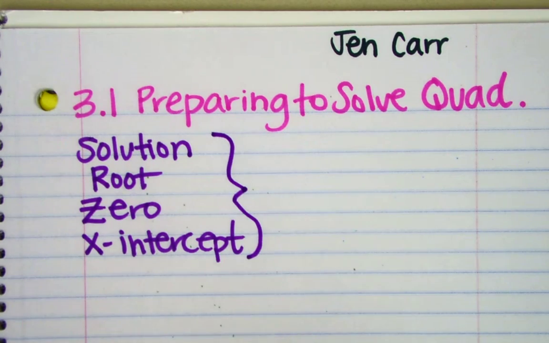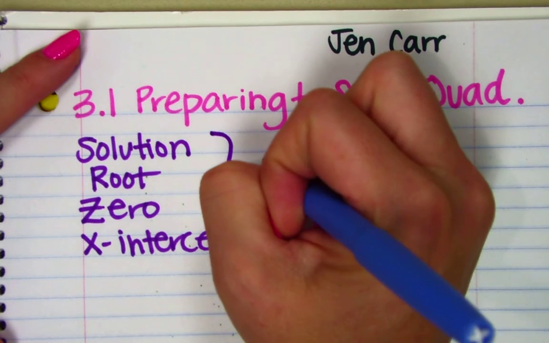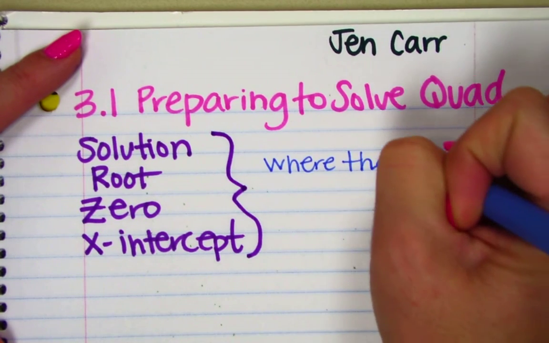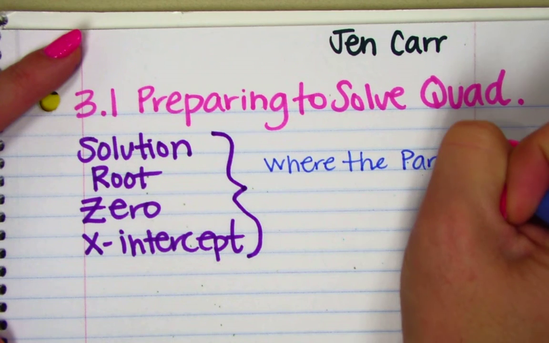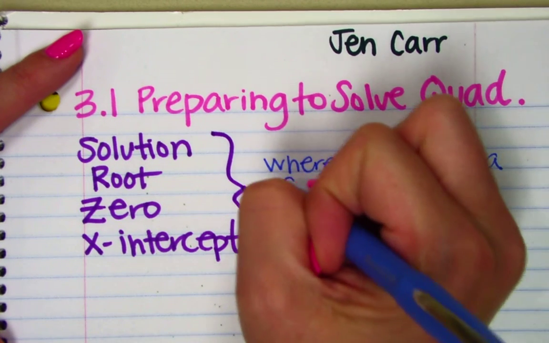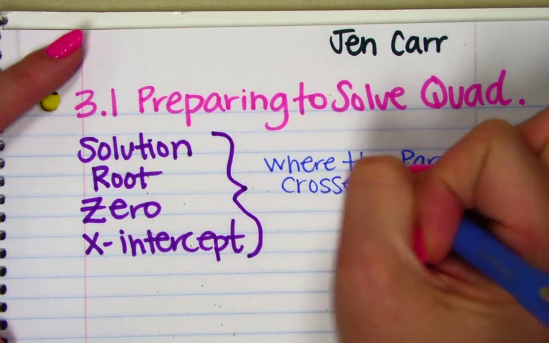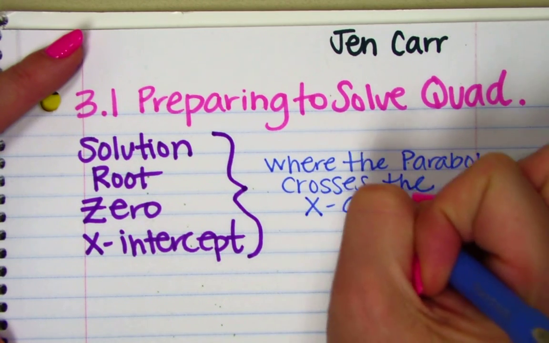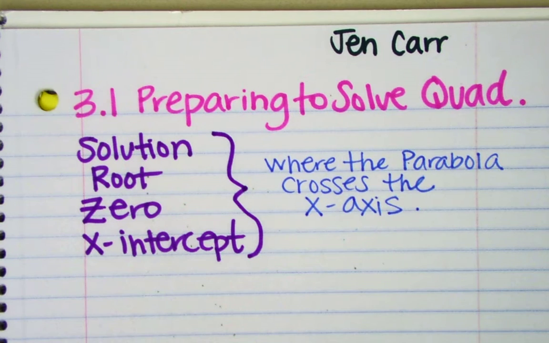Right, and it is where the parabola crosses the x-axis. Okay, the solution to any of these is where the parabola crosses the x-axis.